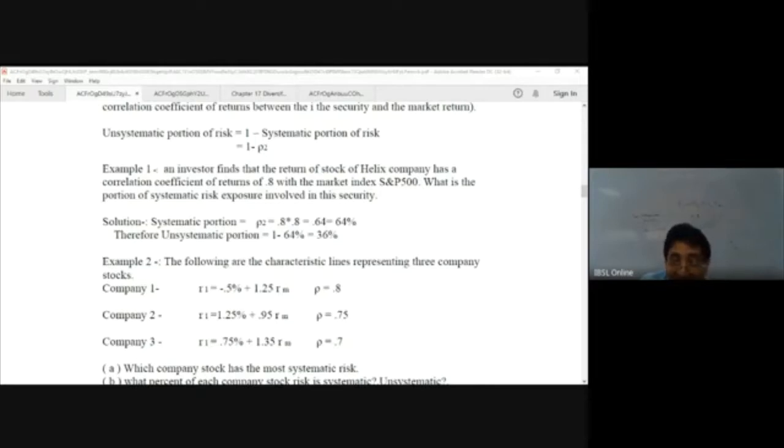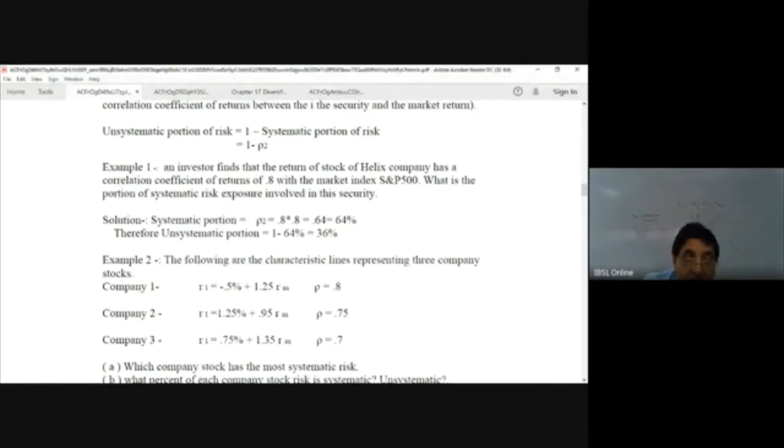Anyway, yes, do it and see, because you all have to work out examples to get the better learning. Yes. Now, what is the systematic portion of risk of the company 2?